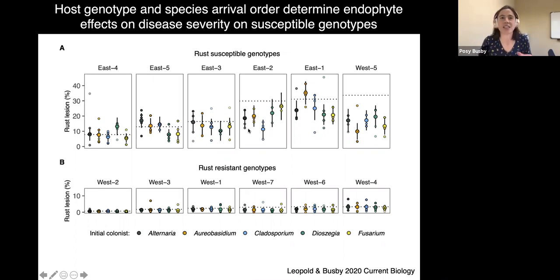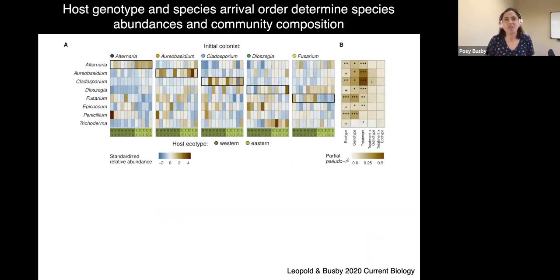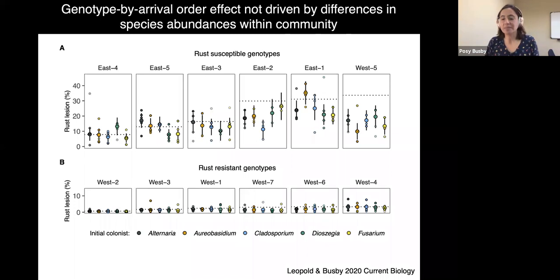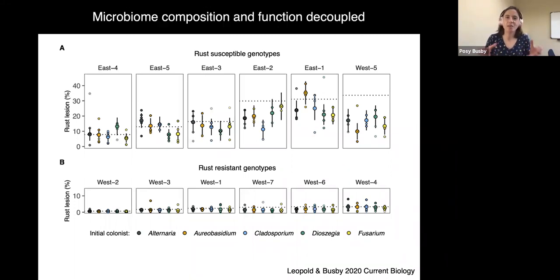Now, I expected that these genotype by immigration history interaction effects on disease severity could be explained by the relative abundances of different members of the communities that are sensitive to these two factors, and by the composition of the community overall. But in fact, we didn't see evidence that the composition of the community explained these outcomes. What that suggests is that microbiome composition and function, or disease modification, was decoupled in this experiment.